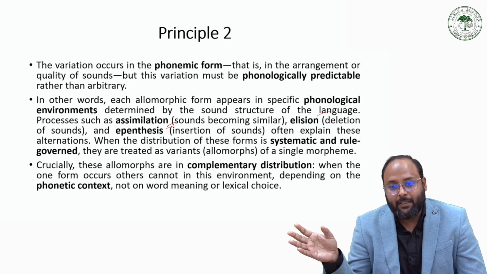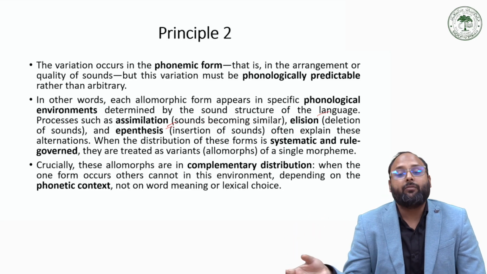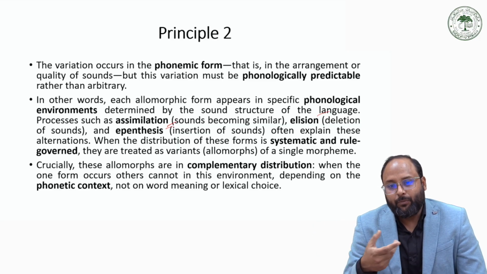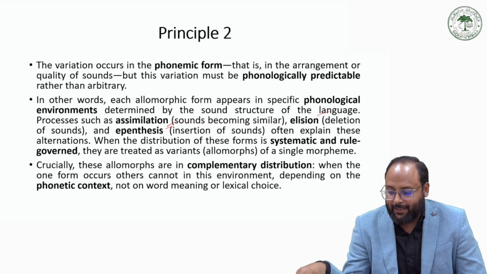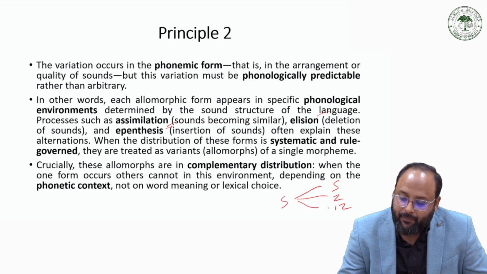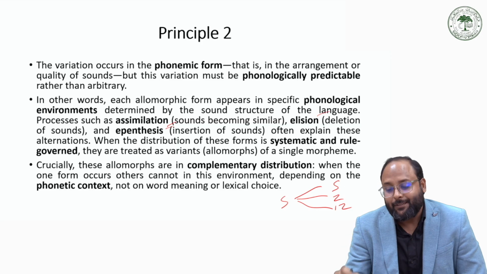In the other environment we have another form because of the phonological conditioning. We have discussed many times the example of assimilation and phonological conditioning. Like the example of s, z, and iz. These are the different representations of the same plural morpheme.